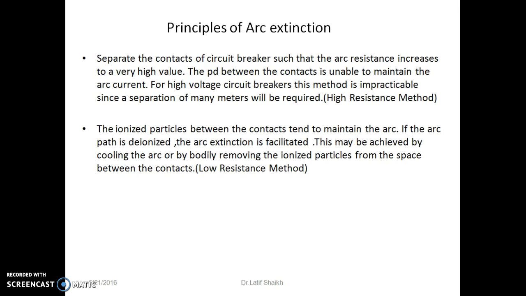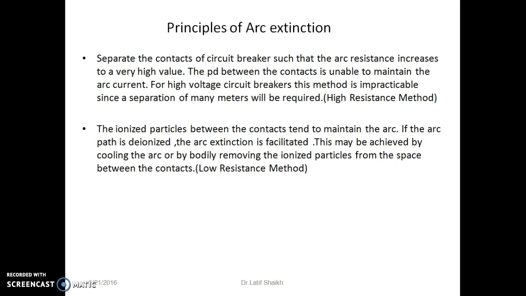In the case of the high resistance method, what we do is increase the resistance of the arc. When we increase the resistance of the arc, the potential gradient across this is not able to maintain, that is, it's not able to break this gap. Thereby the arc will get suppressed. So you have to increase the resistance of the arc.